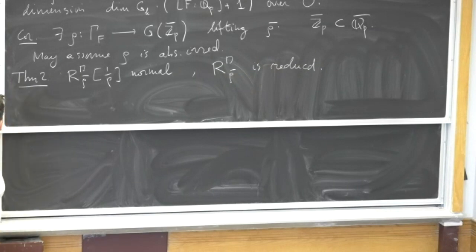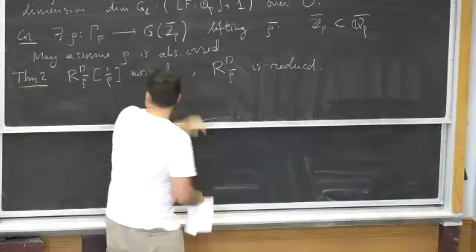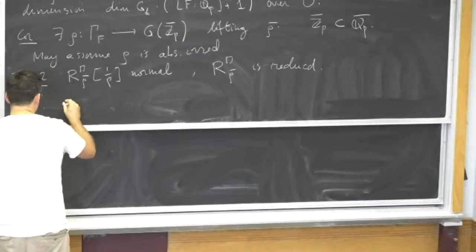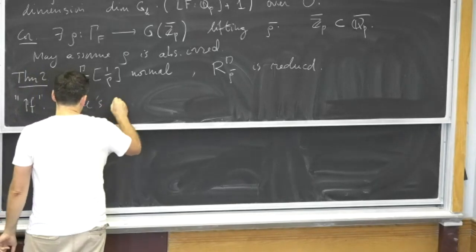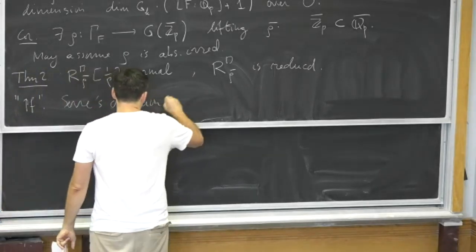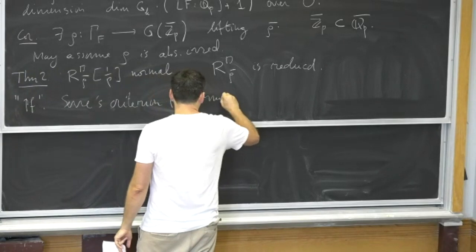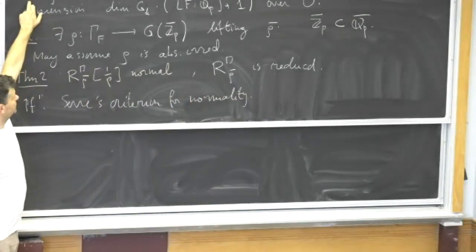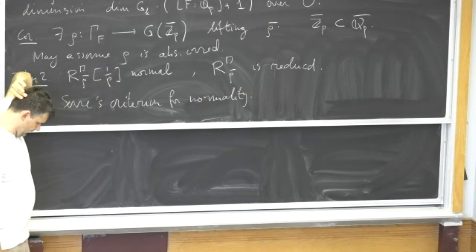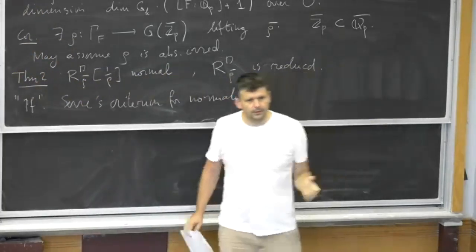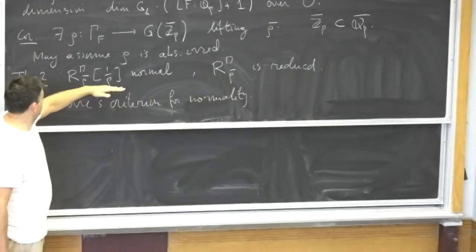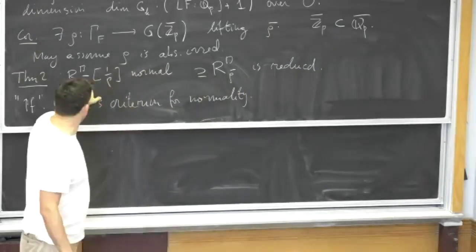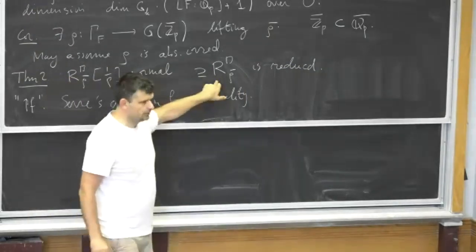This is a Serre's criterion for normality. So normality, I mean, you already know since it's a complete intersection, and then you have to show regularity in codimension 1. This is what happens in the proof. And once you know that this is normal, this contains it as a subring, and normal implies reduced. So this thing is also reduced.